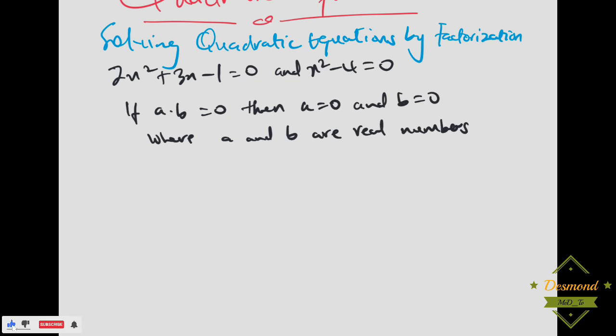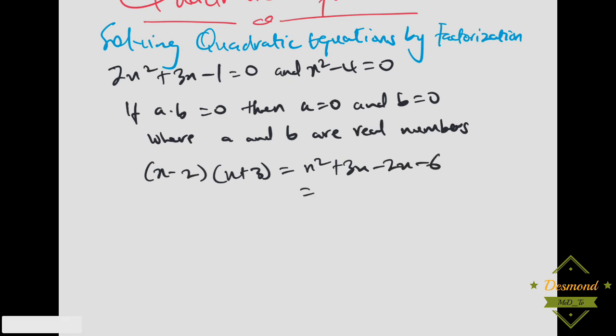For example, expand the factored expression x minus 2 multiplying x plus 3 by multiplying the factors together. When you multiply this, you get x squared plus 3x minus 2x minus 6, which when you simplify, you get x squared plus x minus 6.